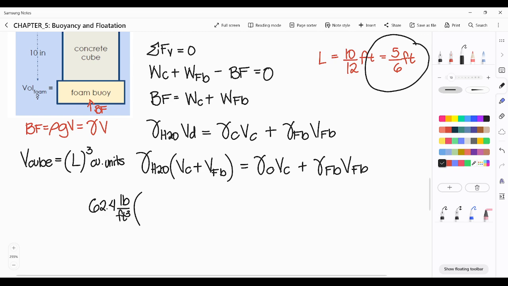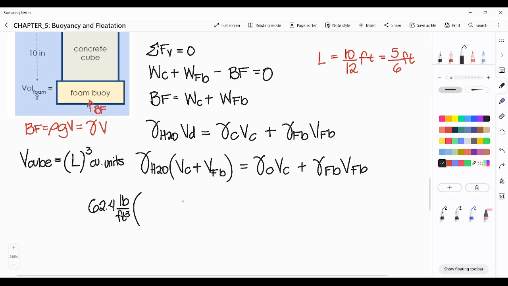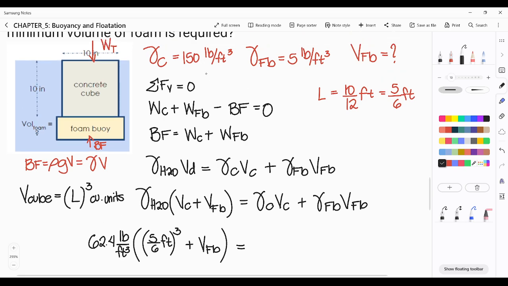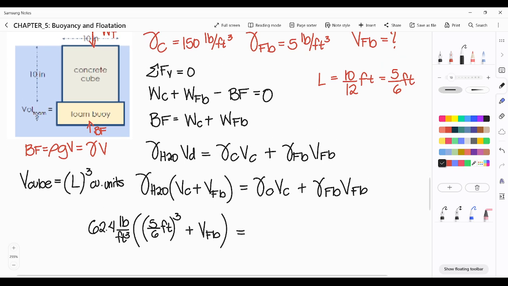Ito, na-convert na natin siya into feet, which is 5/6 feet. So, we will just write it down. 5/6 feet. And this should be cube natin siya. Raised to the third power. Plus the nawawalang volume of our foam buoy.